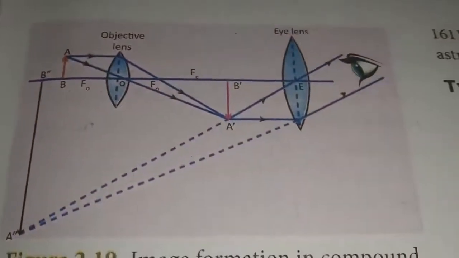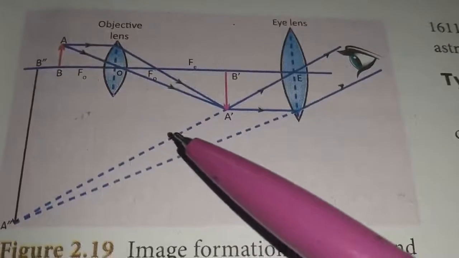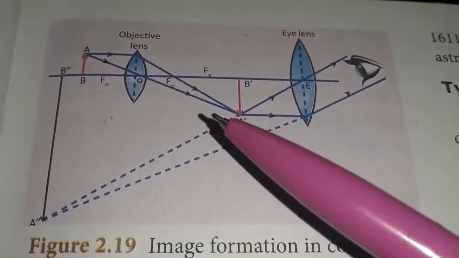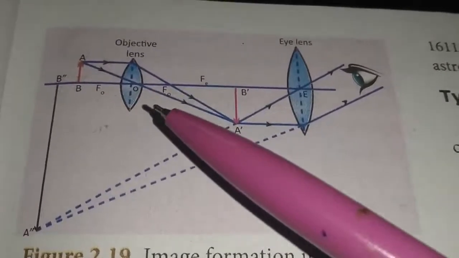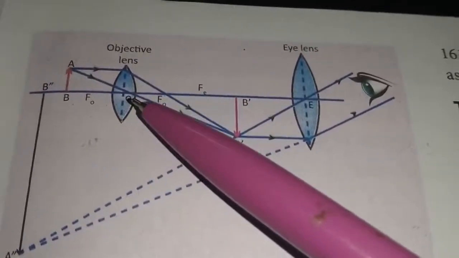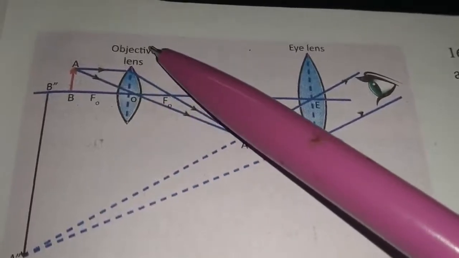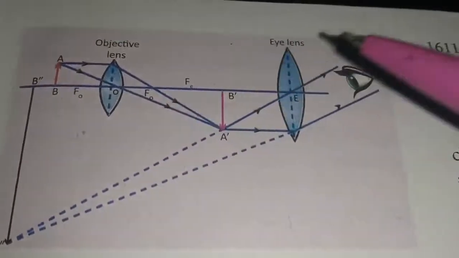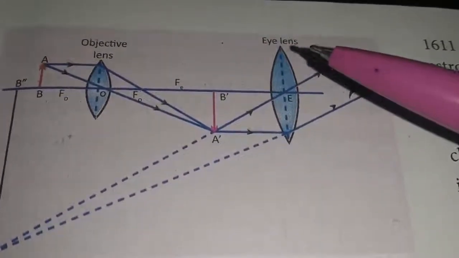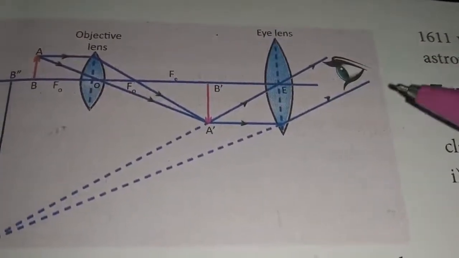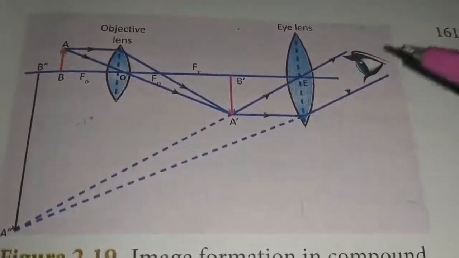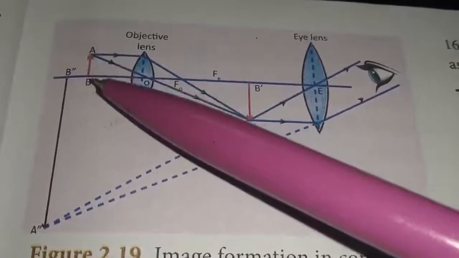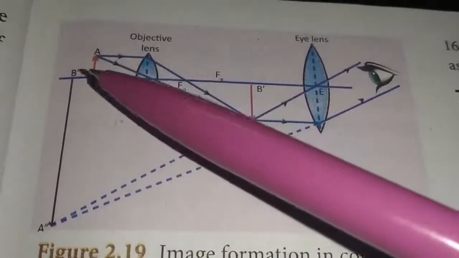Students, let me once again shortly recall the compound microscope. Compound microscope is used to see tiny objects. It consists of two lenses. One is the objective lens, which is placed near the object AB, and the second one is the eye lens, which is placed near the eyepiece. First we are going to place the object near the objective lens.